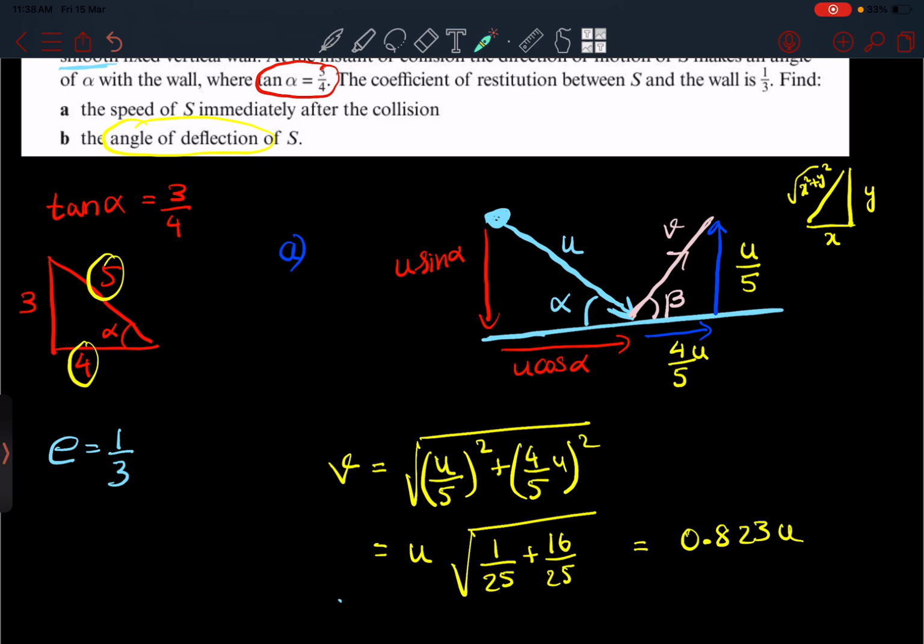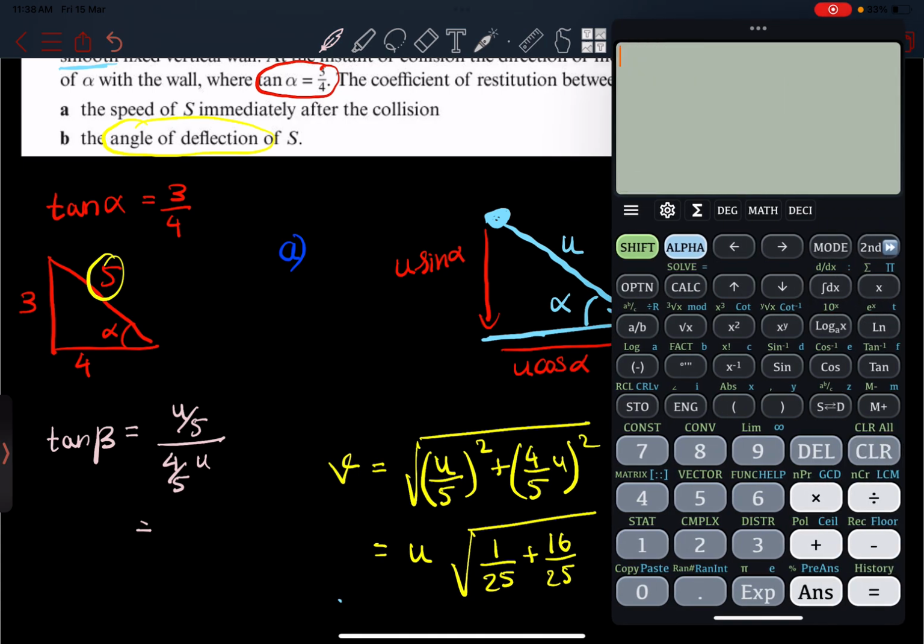To find beta, always remember, you've got y, you've got x. So tan of beta is y over x. You have U over 5, and you divide that by 4 over 5 U. Divide 1/5 by 4/5, and that will be 0.25.